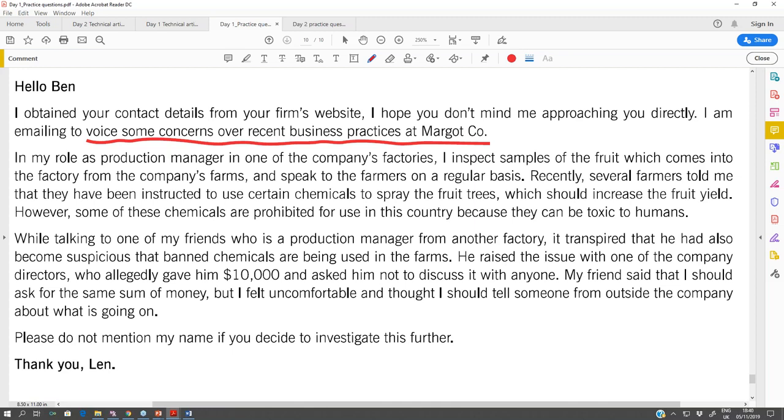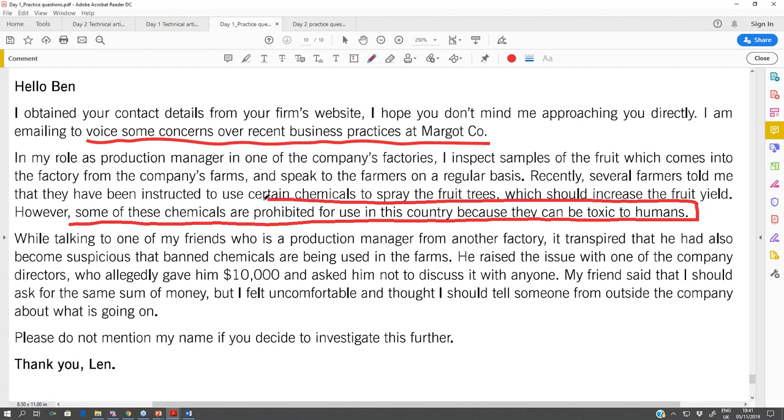However, some of these chemicals are prohibited for use in this country because they can be toxic to humans." Now, that's the big problem. So some of these chemicals, which are to be sprayed on the fruit trees, are prohibited for use in the country because they can be toxic to human beings.